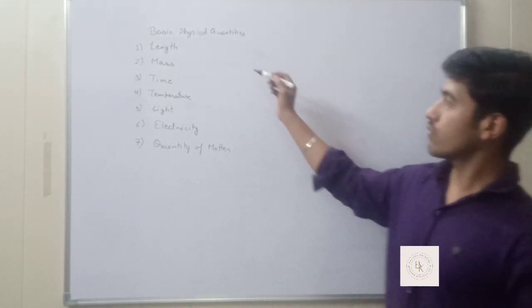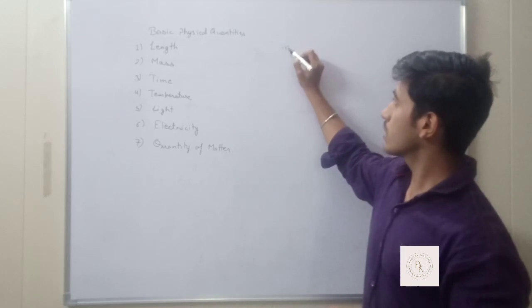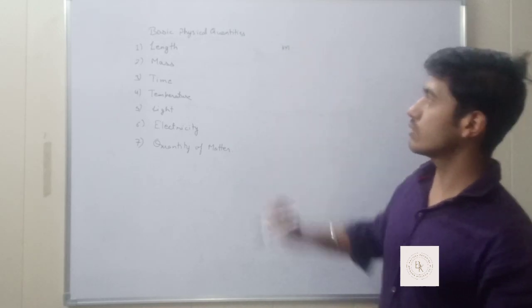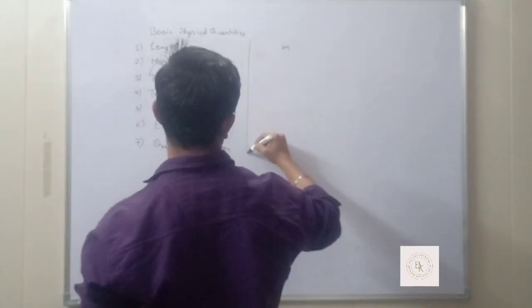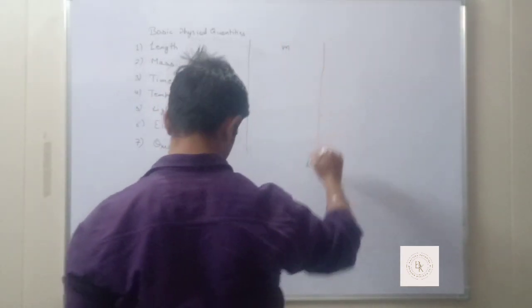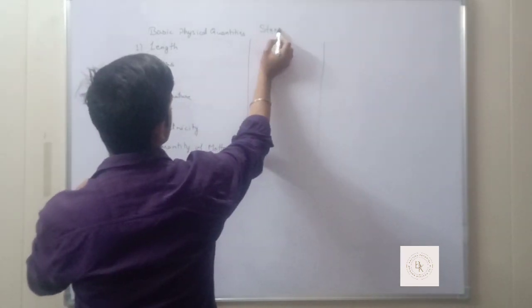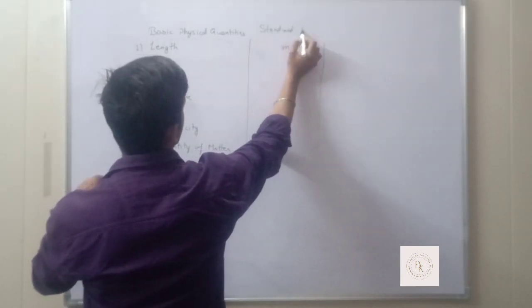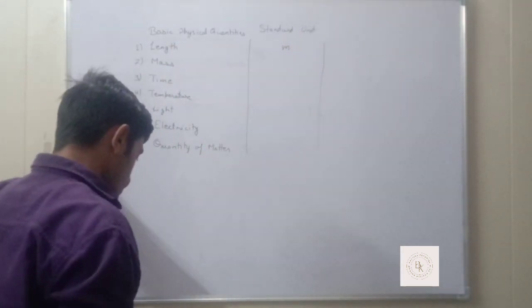For example, if you have to measure length, what will you use? We can take meter. Meter is the standard unit. In this column I am writing the standard units for measuring these basic physical quantities.